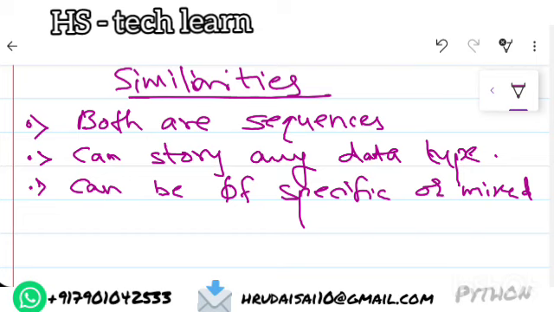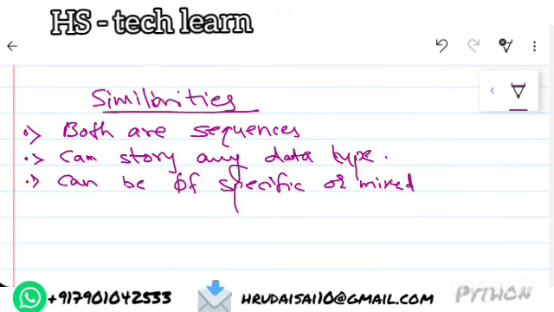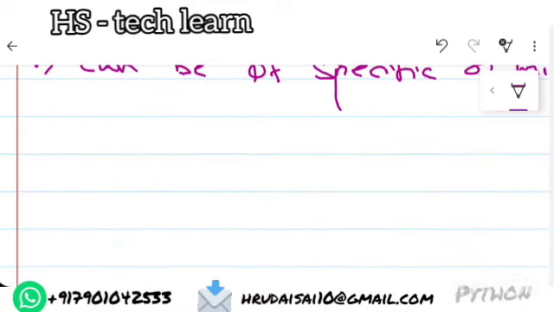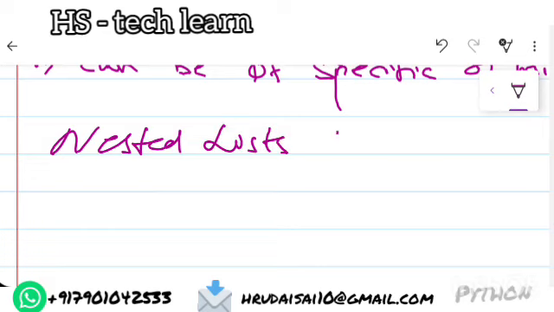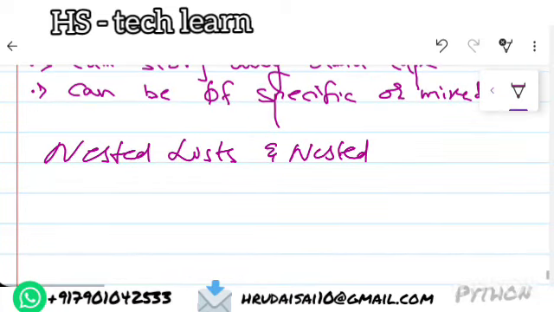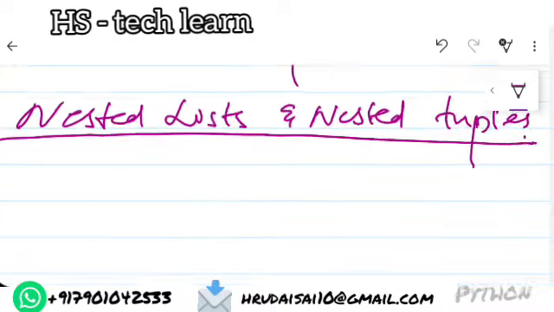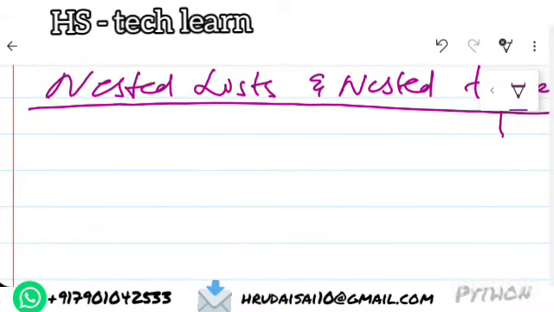One more important point we have to discuss is about nested lists and nested tuples. This is a very important and simple concept, that is if we write a list in a list, then it is called a nested list, same as the tuples.